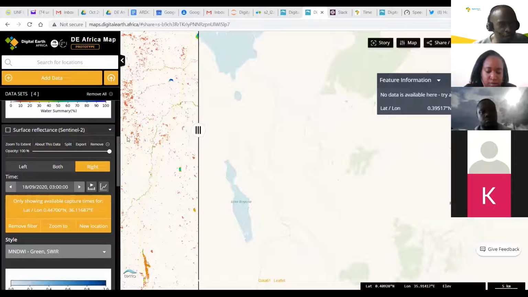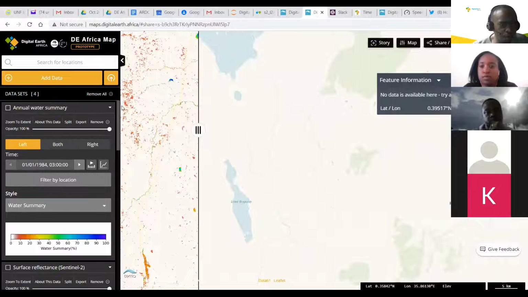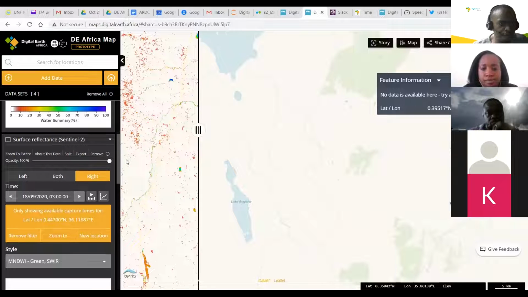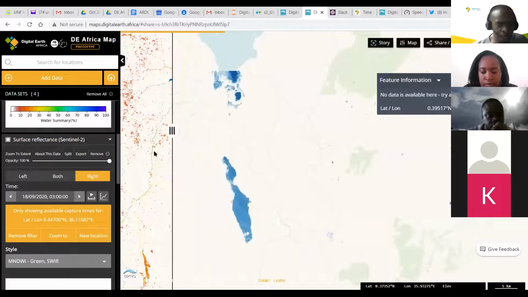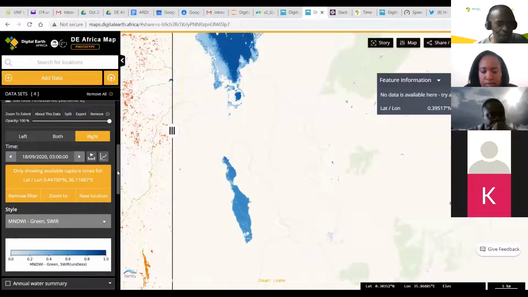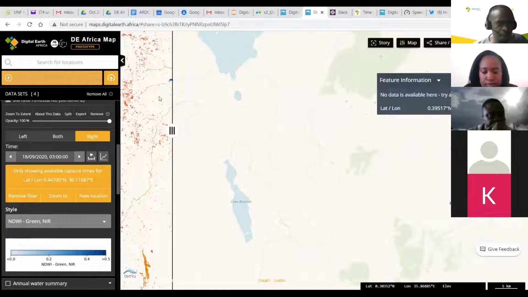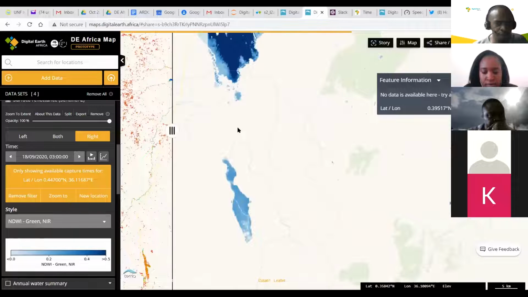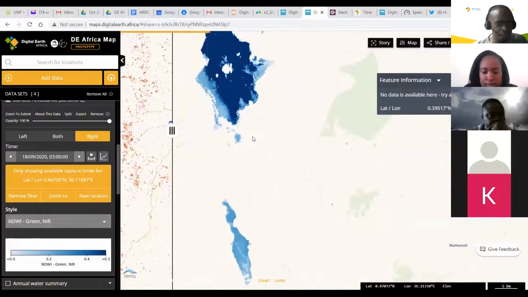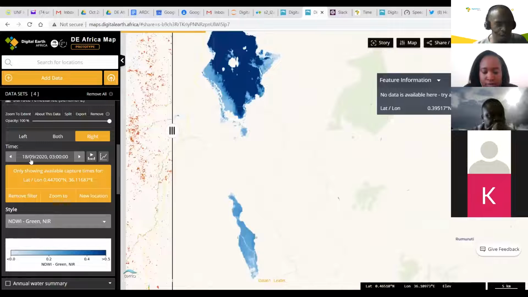From the map, we were able to see what we have with the Sentinel-2 data. If you go to the data, you're able to see the indices. So there's an NDWI, which shows you a lot of water around this time of 18th of September.